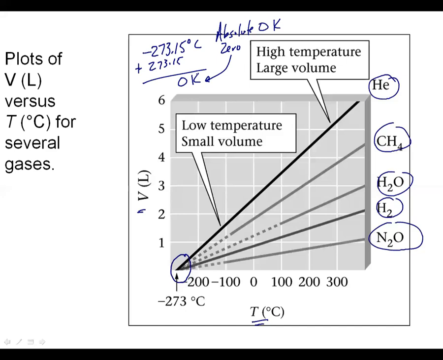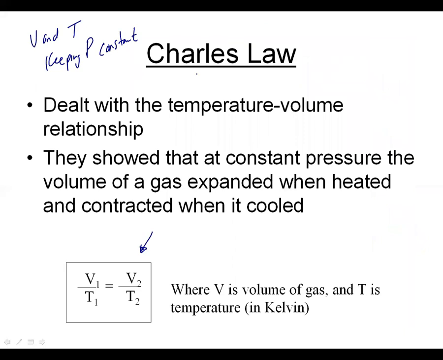So this is important for gas laws, because gases do behave this way. When we look at something like Charles' law here, we get V1 over T1 equals V2 over T2. The volume here can be any unit. Again, just like what we were talking about in the previous one, they do have to match, so V1 and V2 have to be the same unit.